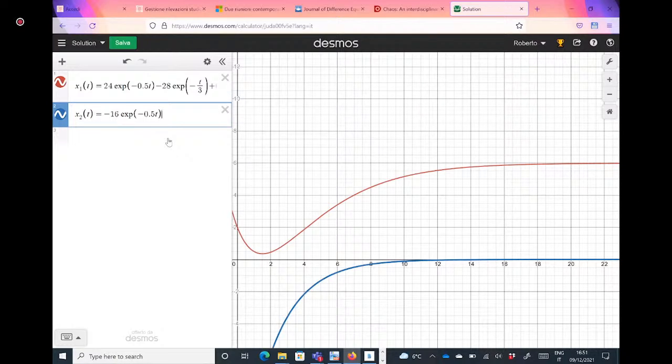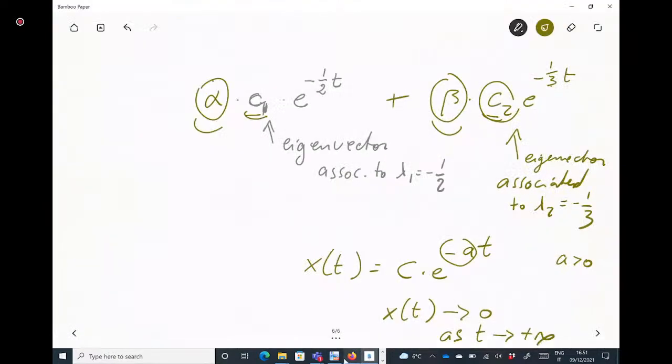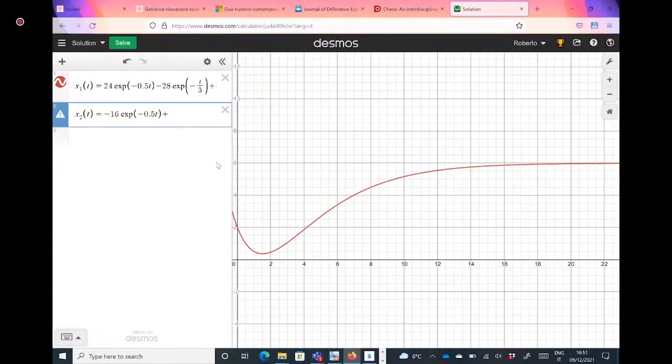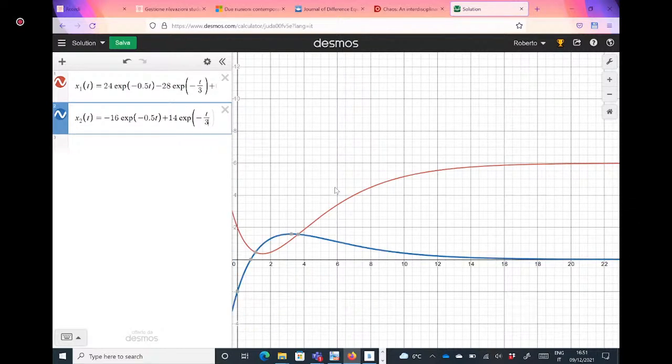And then, if I'm not wrong, it was plus, so minus 16, which is minus 2 times 8, plus 14, exponential minus t over 30, plus 3. So let me finish here. Plus 14, exponential minus t over 3, plus 3.